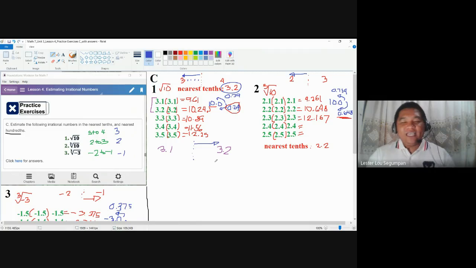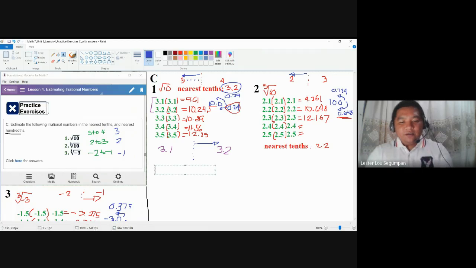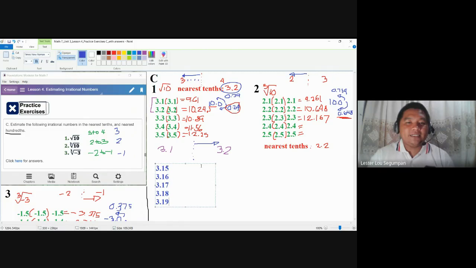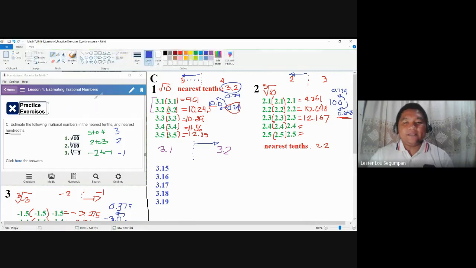And mind you, it's not 3.21, because 3.21 is somewhere here. The values are 3.15, 3.16, 3.17, 3.18, and 3.19. So these are now the possible values in two decimal places closest to 3.2 than 3.1.